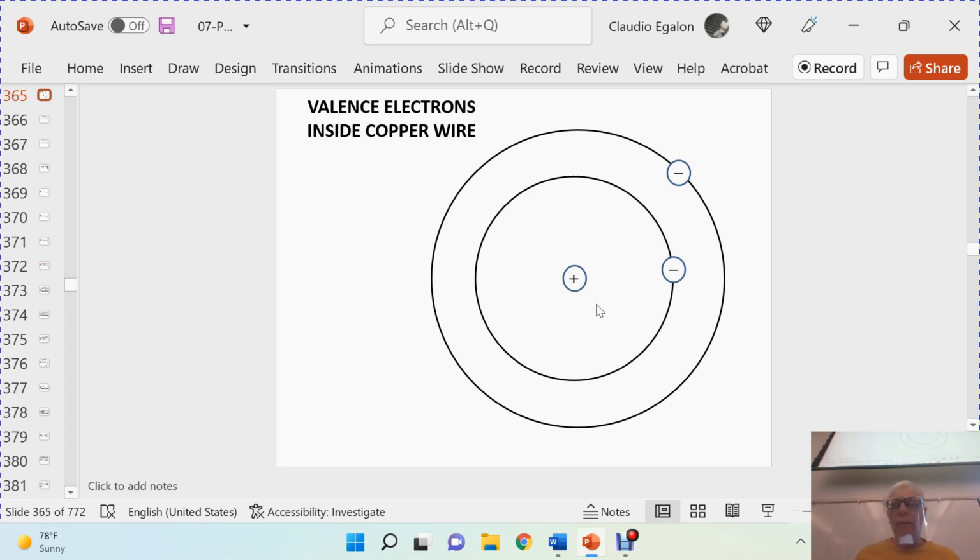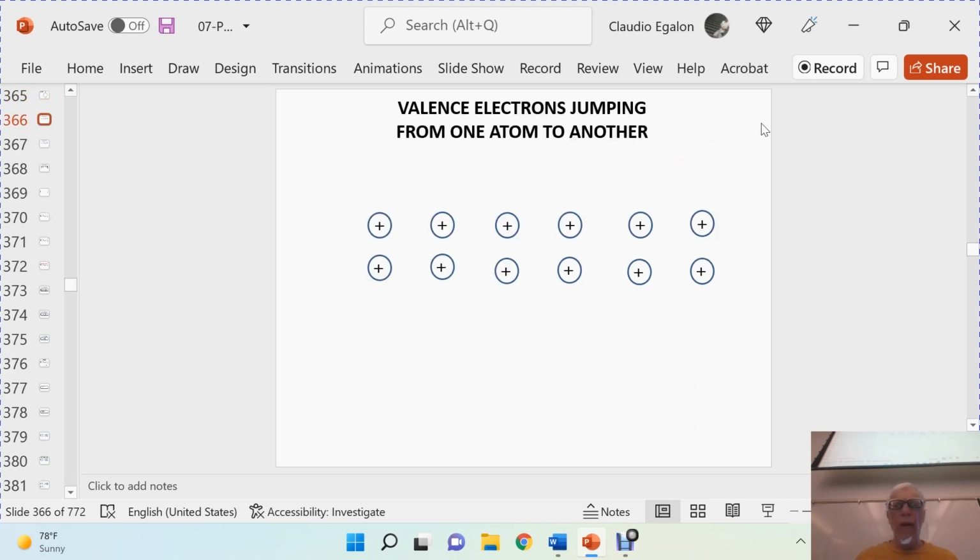The electrons that are further away from the atom are the easiest ones to extract, and they are called the valence electrons. Those valence electrons, what do they do? In a metal, the atoms are very close to each other, forming a lattice, okay?